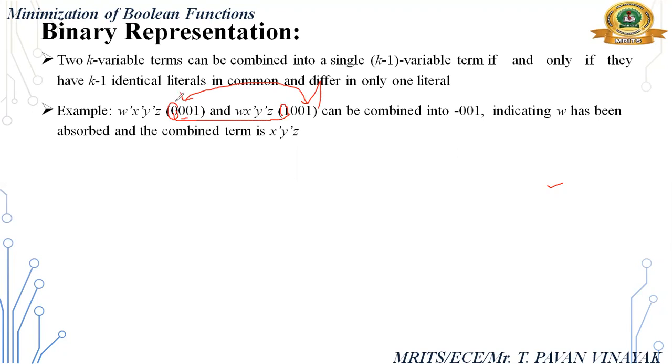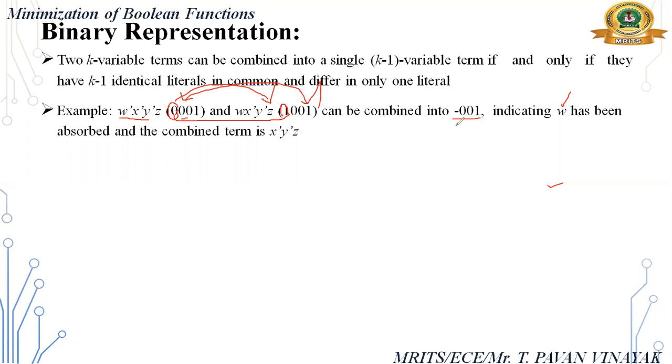So you have to combine these two and write it like this: dash 001. Dash 001 means one variable is eliminated, but you have to mention the dash because the given function is 4 variable.